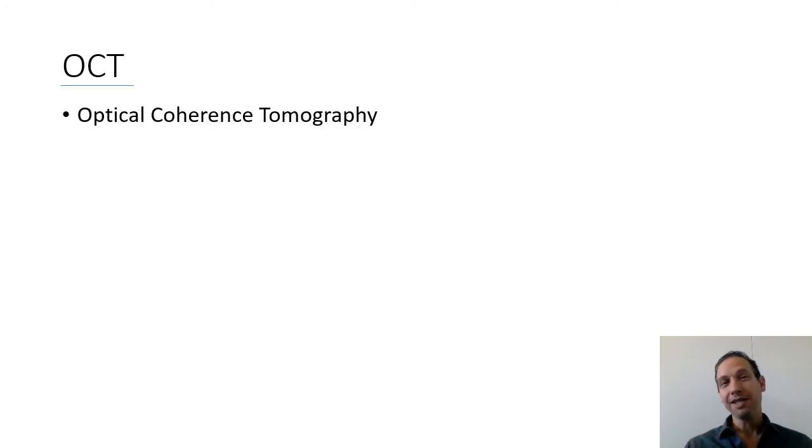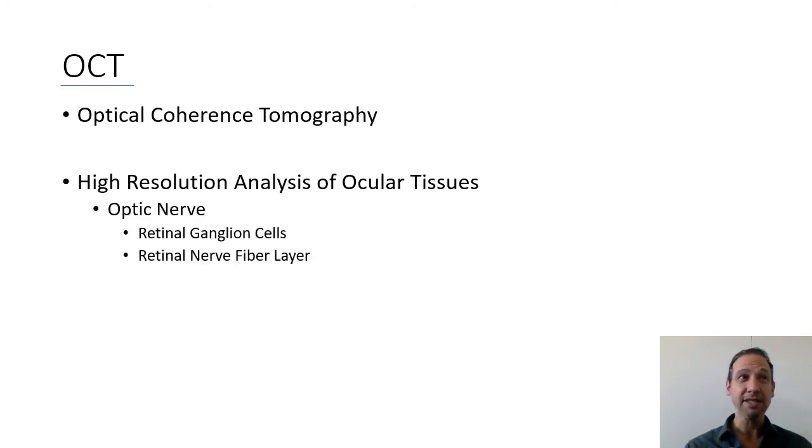OCT is an amazing tool that has really revolutionized ophthalmology and is extremely relevant to these situations. OCT stands for optical coherence tomography. This is basically the MRI of the eye, except that it probably has much higher resolution than modern day MRI, almost to the level of being able to see cells.